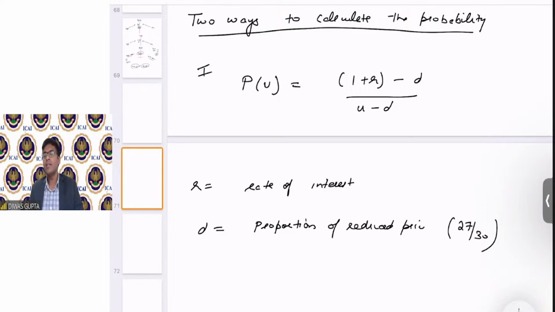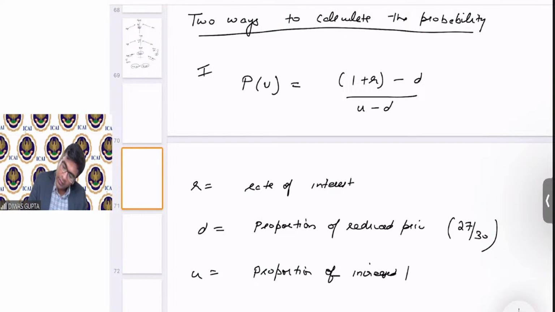Correct? 27 is the reduced price and 30 was the original price. U is actually the proportion of increased price, which is actually 33 by 30. Correct, students?